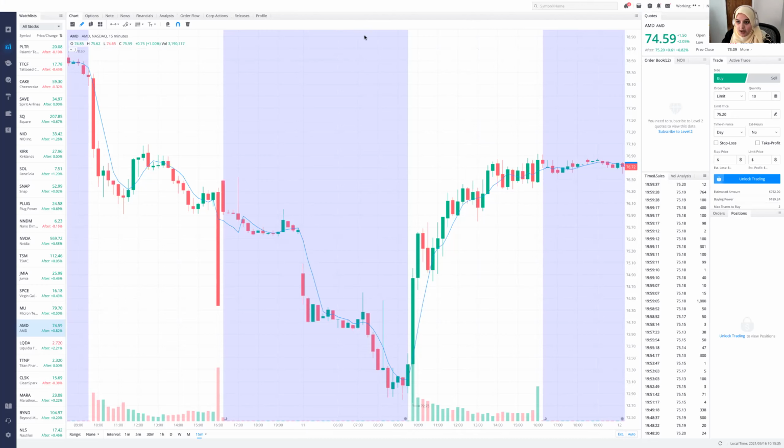So trade with fake money, so you can get used to when to buy, when to sell, how to track support and resistance, get used to your broker, get used to everything that comes with trading. And then after you've done paper trading for a while, you can start looking at funding your account, but don't fund it with a lot of money. So maybe start with like $500 or something small.